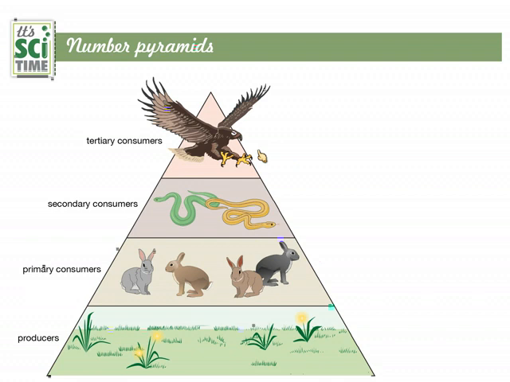I will explain that one. This is the story about the number pyramids. It looks like a pyramid because the lower level, the producers, is big in number, and the consumer number gradually gets smaller.